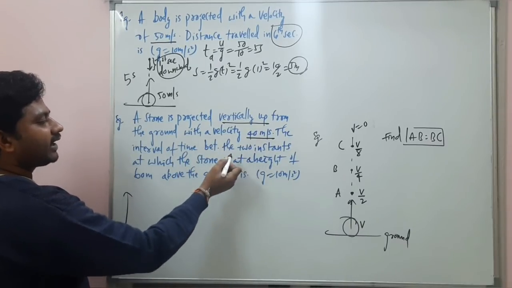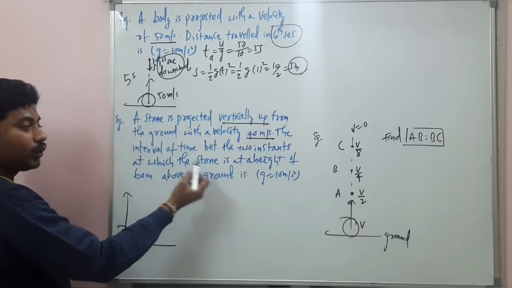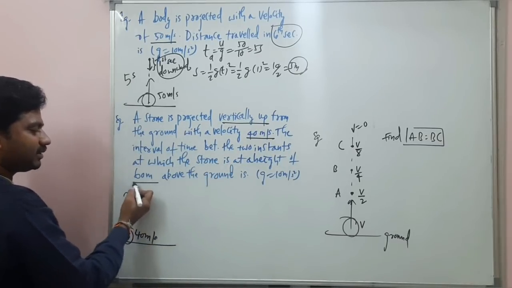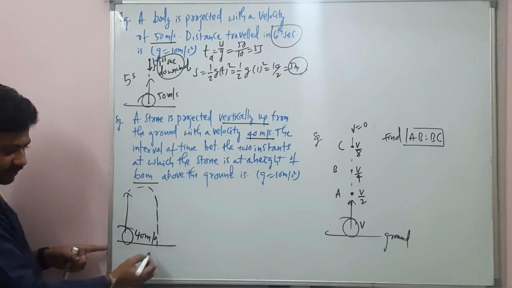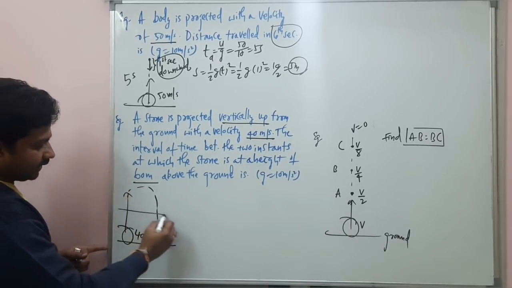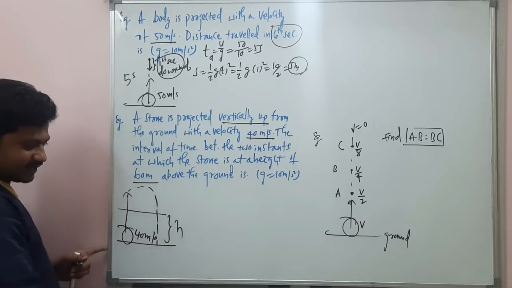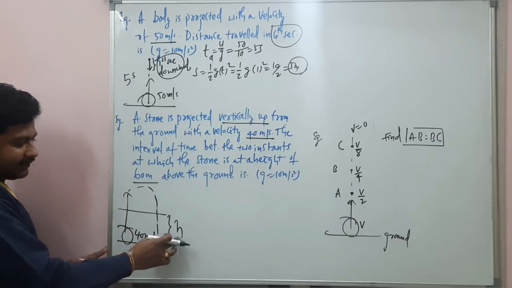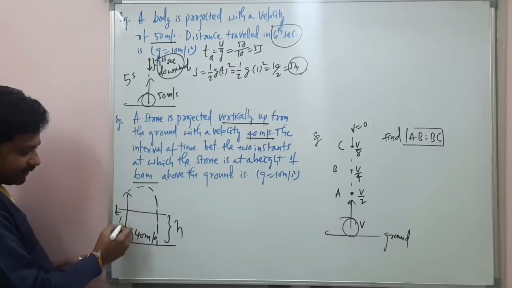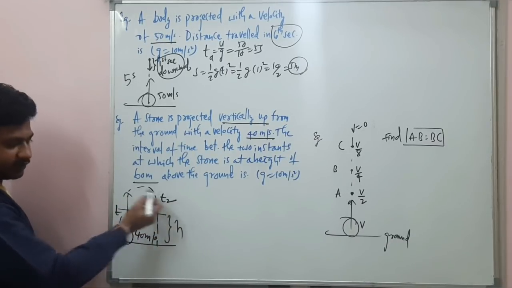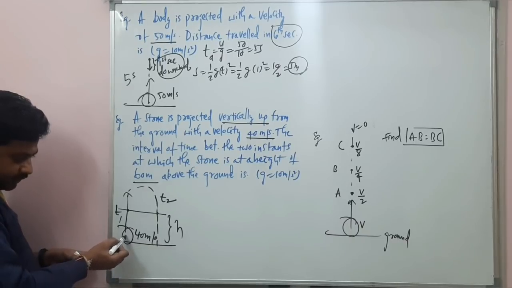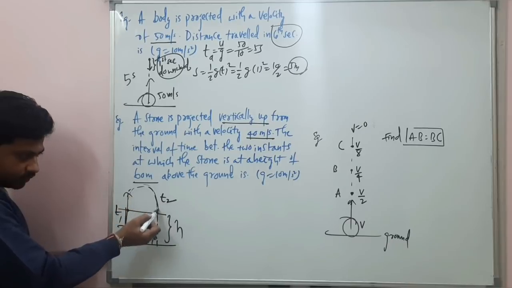The interval of time between the two instants at which the stone is at a height of 60 meters. So this body will move like this and comes back. So at some particular height, this is what we discussed in the last slide even. At some particular height, time at this point is t1 and at this point is t2. Carefully see. So that means from here to here it is t1 and from here to here it's t2.